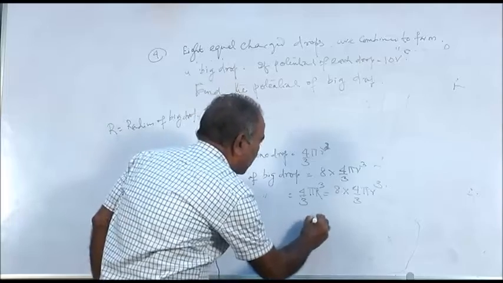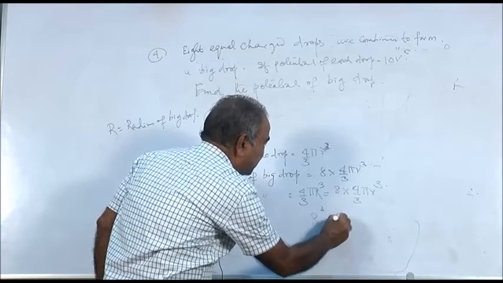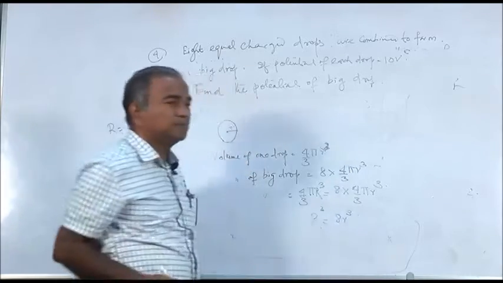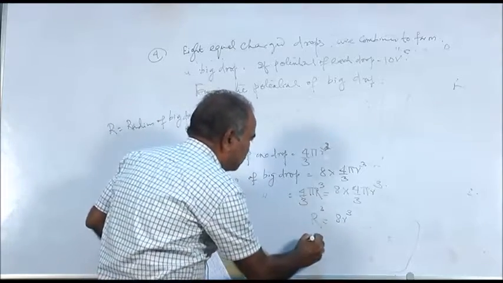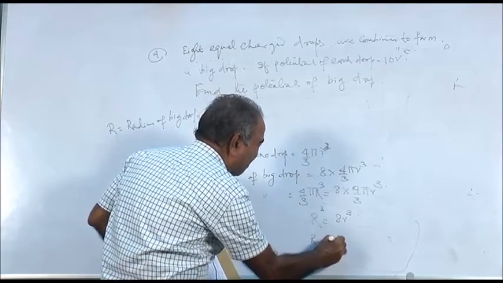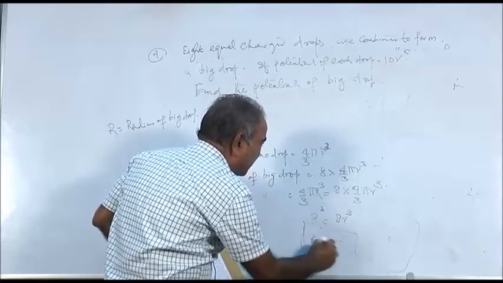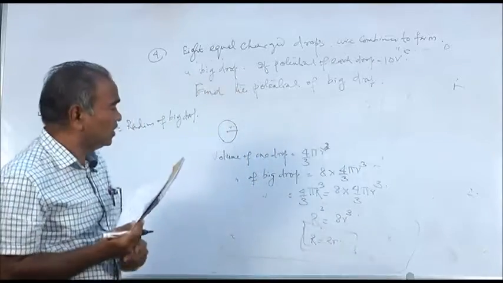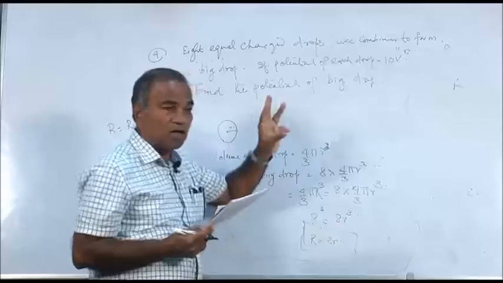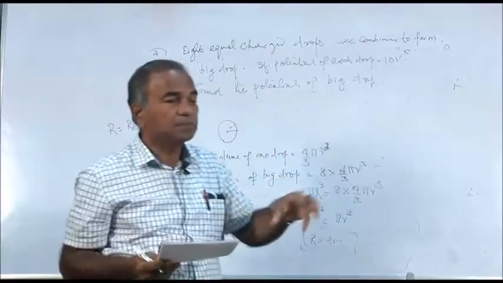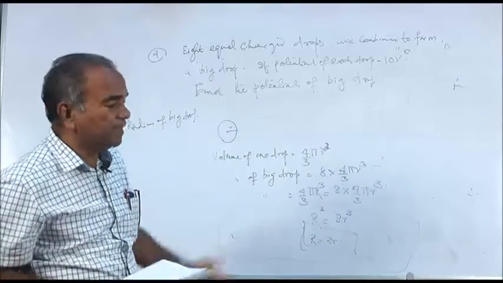So R cube is equal to 8 r cube, or capital R is equal to 2r. So the radius of the big drop is 2 times the radius of the smaller drop, when 8 smaller drops are combined to form a big drop.